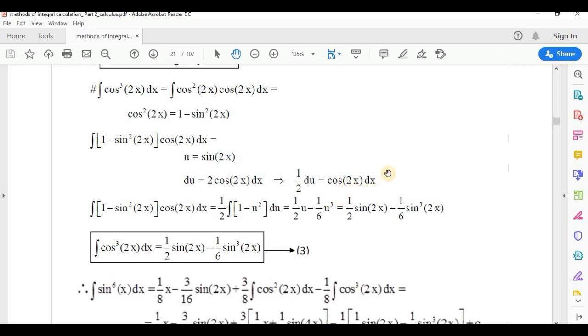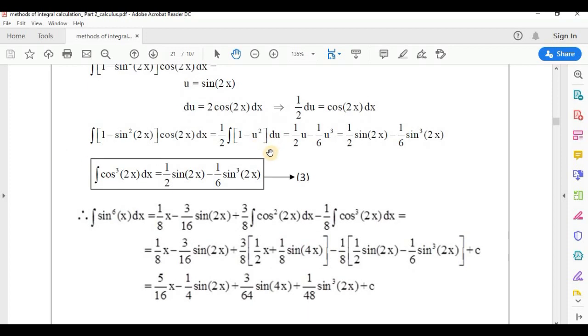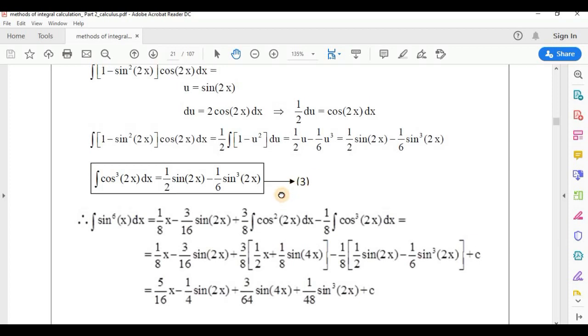Notice cosine 2x dx is this part. And as we learned from our previous lectures, we will put the integral in terms of u. Now the integral becomes easy to solve. After finding the solution for this integral, we will put the result in terms of x. And this is the result of the remaining integral, and we will call it number 3.